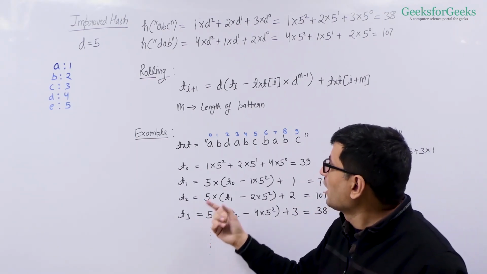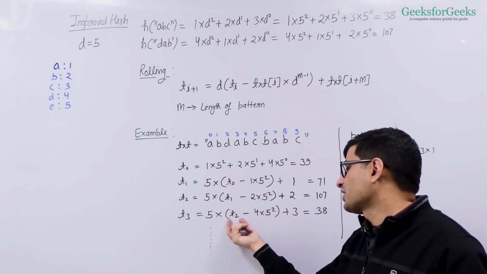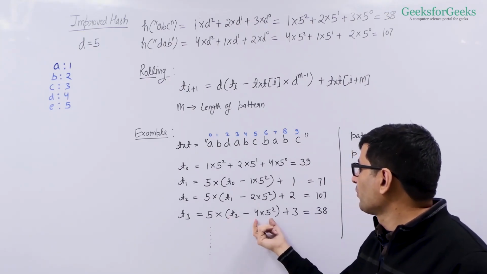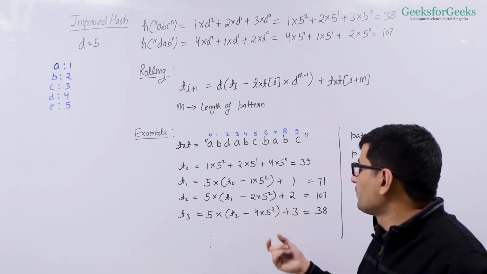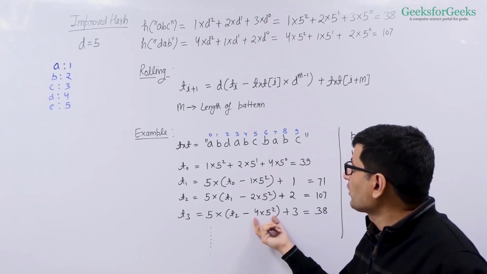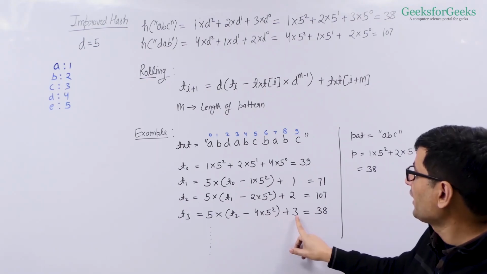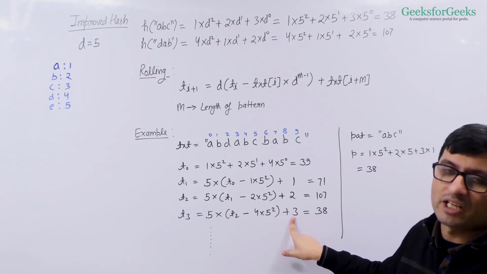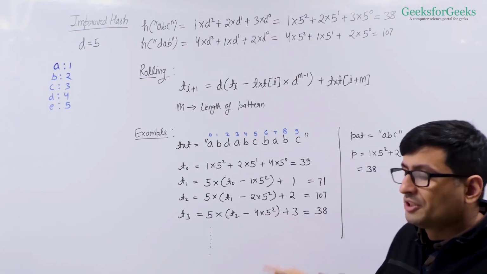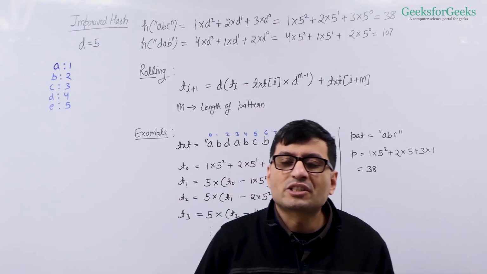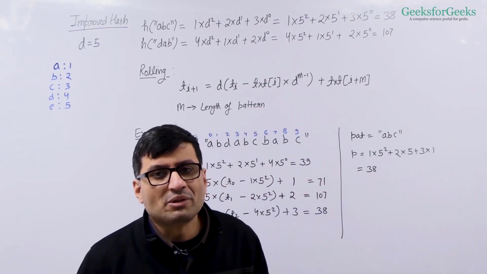Now t3, again we use the existing value of t2, we subtract 4 into 5 square, the first character of the previous window, right, multiplied by d raised to the power m minus 1, and we add the last character of the current window. This computation is actually similar to what we do in decimal arithmetic.